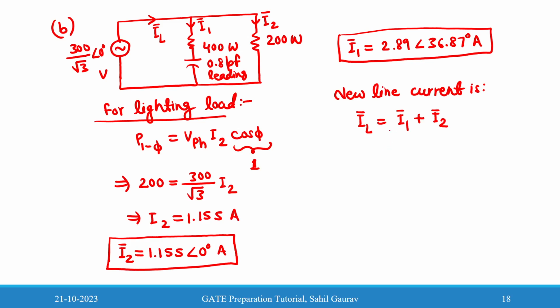That you add up, you will get 3.87 at the angle of 26.6 degree ampere. This is the final answer.